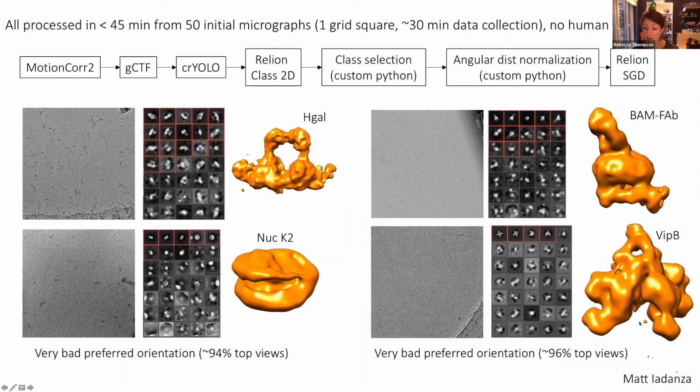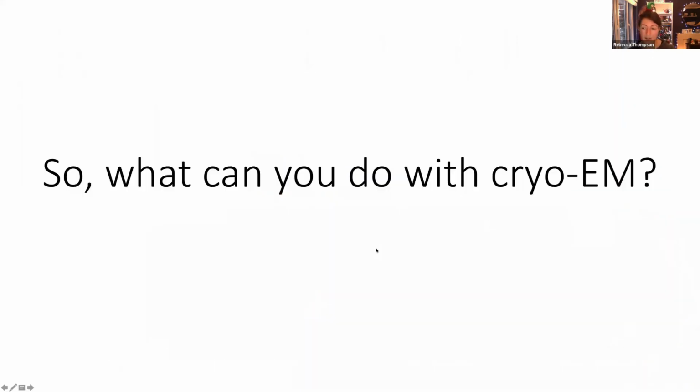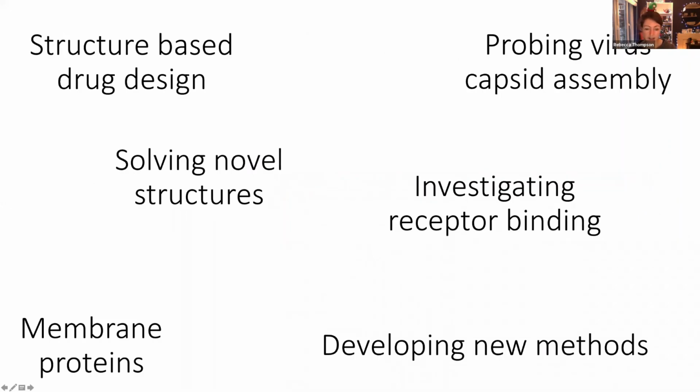This can quickly help you identify, for example, situations where you might have a preferred orientation. These are the kinds of pipelines which we're hoping to be routinely implementing for all users, both external and our internal users.